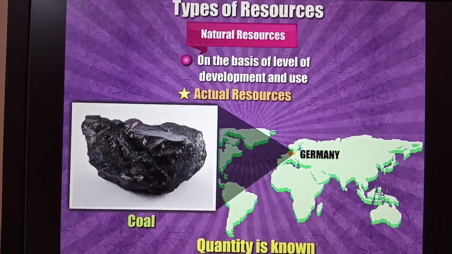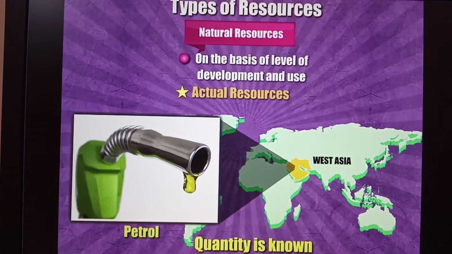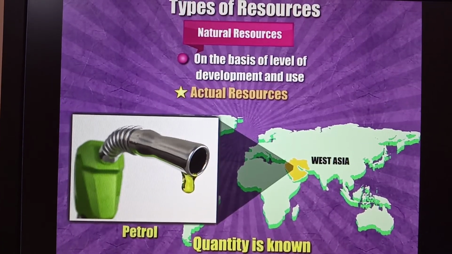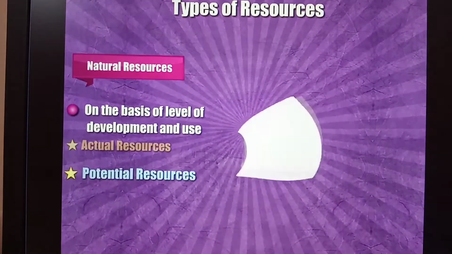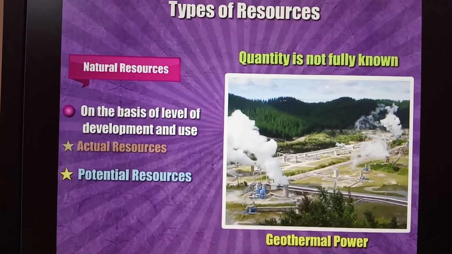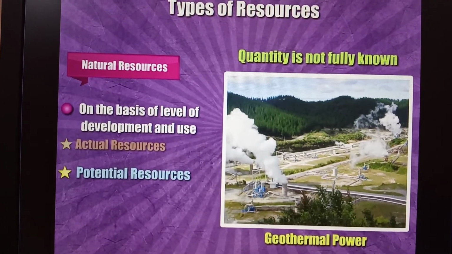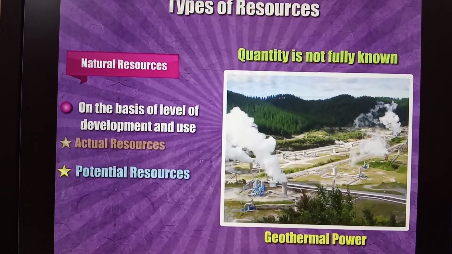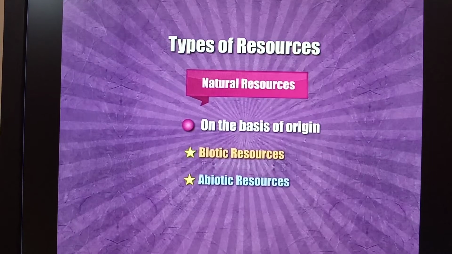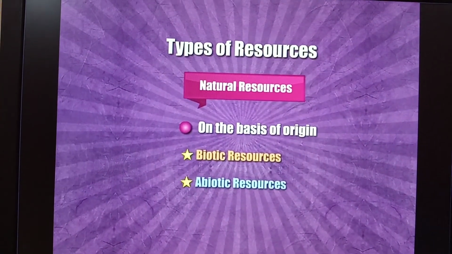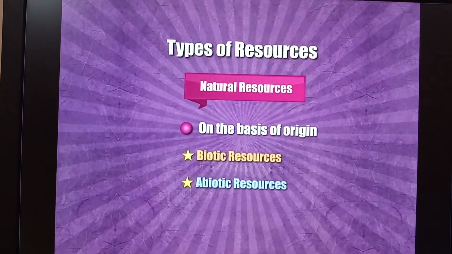The rich deposits of coal in Germany and that of petroleum in West Asia are considered actual resources because their quantity is known. Geothermal power found in the Ladakh region in India is considered a potential resource because its quantity is estimated but not fully known. On the basis of origin, resources can be classified as biotic resources and abiotic resources.